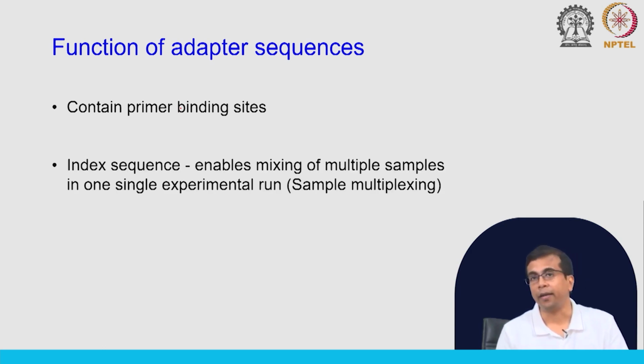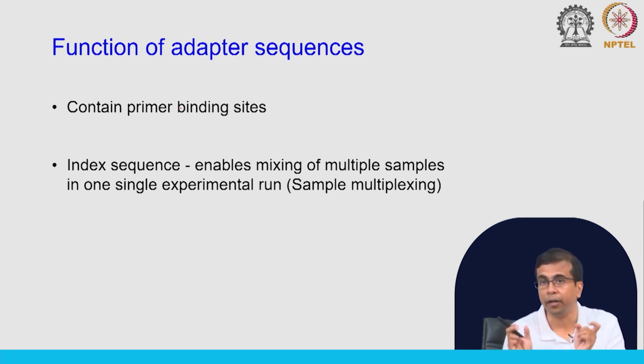In addition, these adapters can contain something called index sequences. These are base pairs which enable mixing of multiple samples. You have some sequence which could be unique, and you can use these unique index sequences for different samples. Because you can generate a huge amount of data with these next generation sequencing technologies, you can sequence, let us say, 96 samples in one go. Now, how do you mix them and separate out this data?